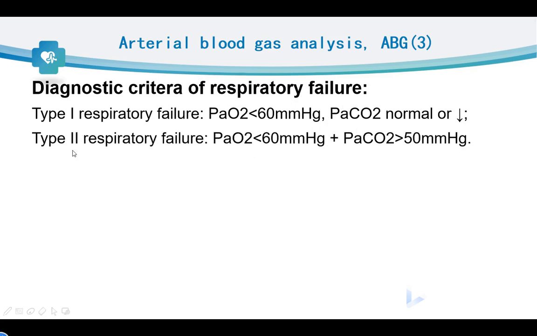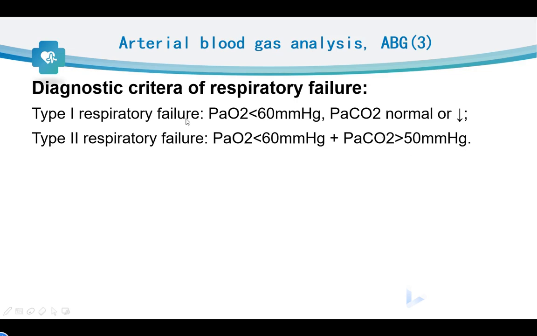And the type 2 respiratory failure is with a partial pressure of the oxygen under 60 millimeters of mercury, with a partial pressure of the carbon dioxide over 50 millimeters of mercury.